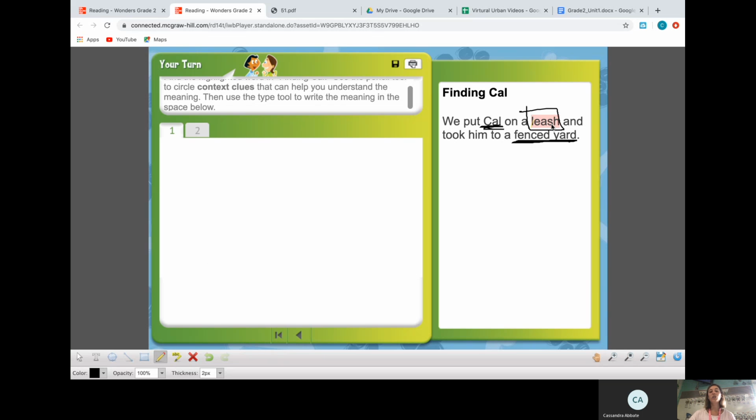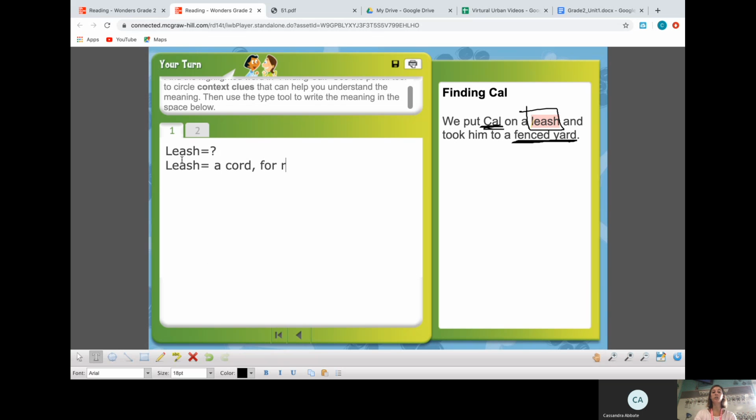All right. So what did you say the definition for leash was? So leash, remember, we don't know. So I hope you put maybe it's like a cord. Maybe it's like a cord to put a dog on.